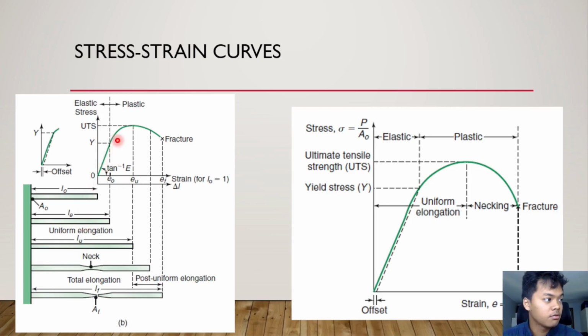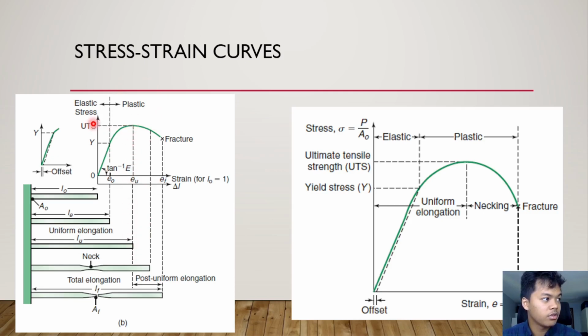However, if we were to apply load past this point, all the way up here, the specimen would deform plastically, and what that means is it would not snap back to its original length, hence the plastic.